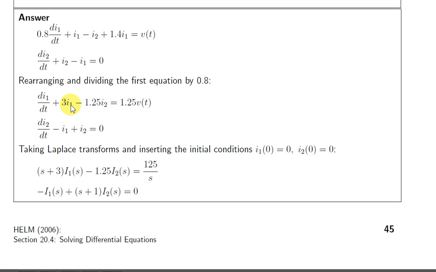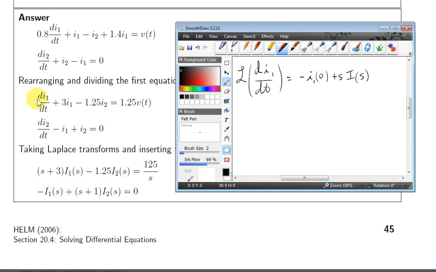Now we let the Laplace transform of I1 be big I1, and the Laplace transform of little I2 is big I2. Now we have to get L of the derivative of I1 with respect to time. Just as a reminder, this is what we get: minus I1 at time 0 plus s times big I of s, but I1 at time 0 is 0, so we just have s times big I of s there, and here we'll get 3 times big I1 at s.